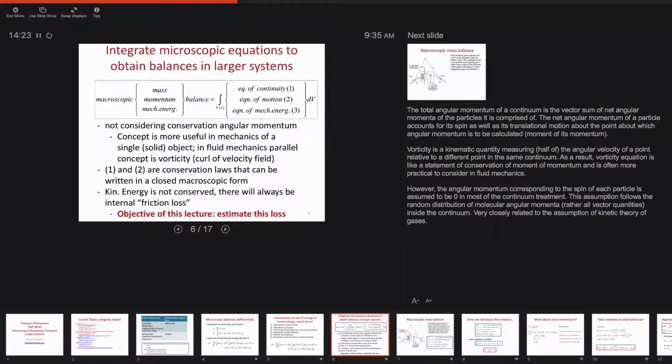We just don't necessarily look at a piece of something. We have fluid flowing. And one thing that is parallel to this is the concept of vorticity, which we kind of skipped this year. And given how much it takes on paper to derive, you're happy that we skipped it. Okay? You don't know that you're happy, but you're happy that you skipped it.